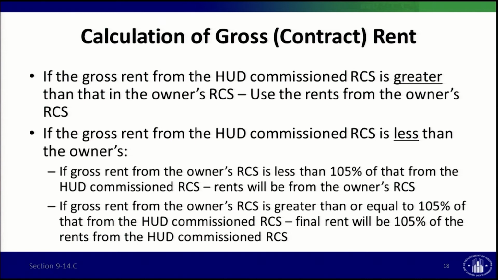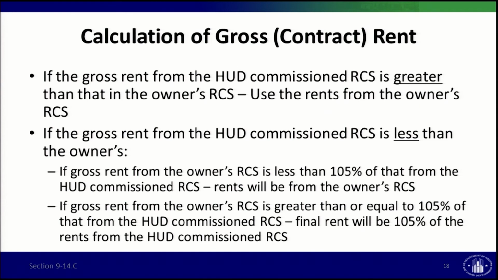If the owner's comparable rent is less than 105% of the HUD number, then the final comparable market rent will be set at the owner's comparable market rent. If the owner's comparable gross rent is equal to or greater than 105% of the HUD comparable gross rent number, then the final comparable market rents are set at 105% of the HUD comparable gross rent.